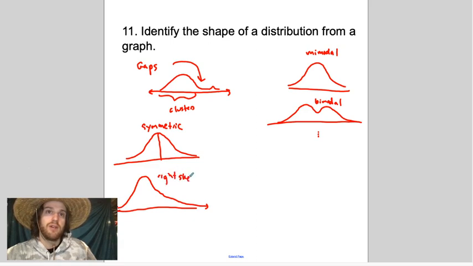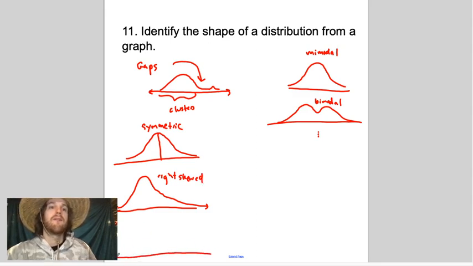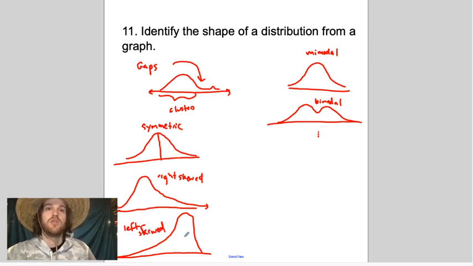It's not super heavy. That's right skewed, and left skewed looks like this. Okay, this is left skewed. Okay, so you've got your shapes: symmetry, right skewed, left skewed.